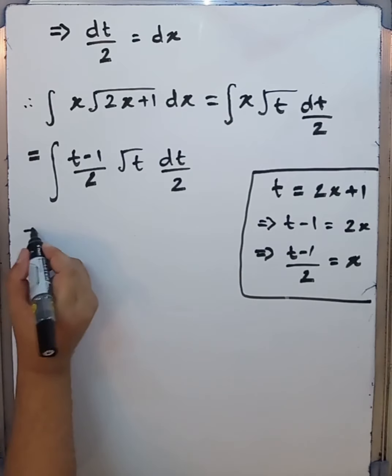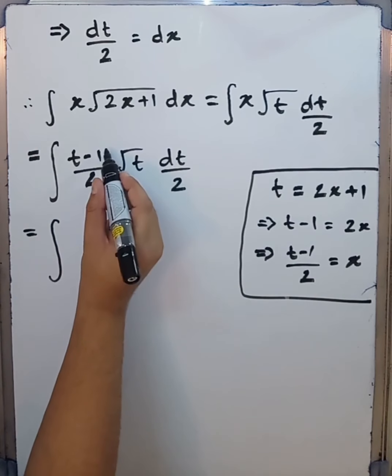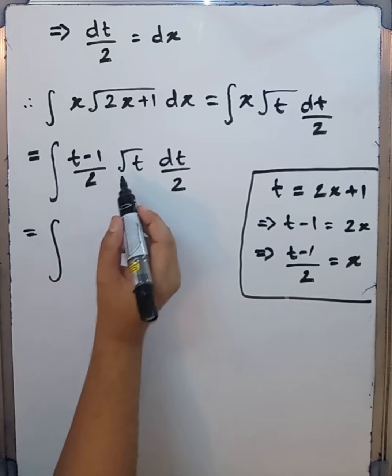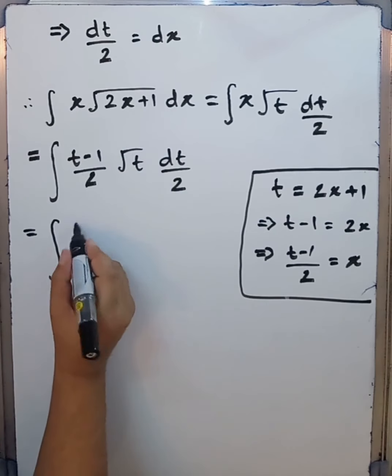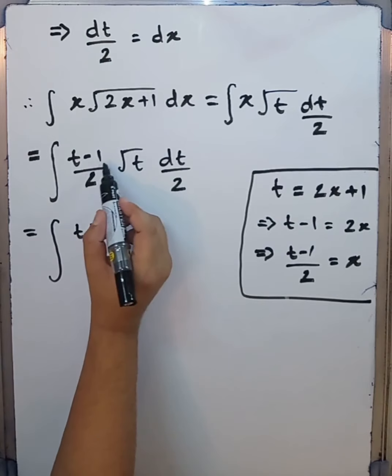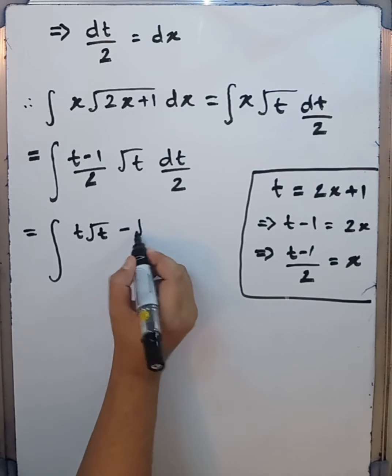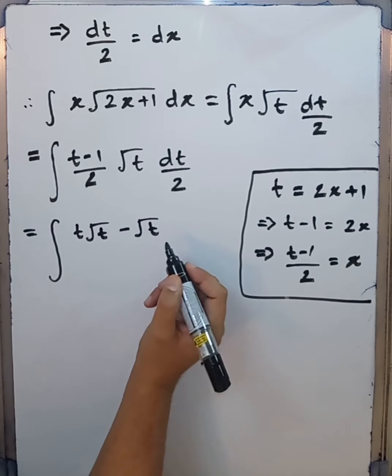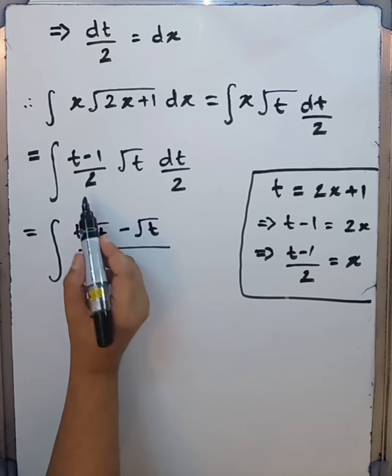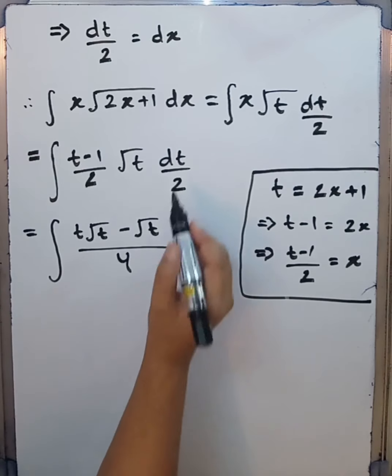And this gives us integral t multiplied by root t minus 1 multiplied by root t, that will be root t, divided by 2 multiplied by 2, that is 4, dt.